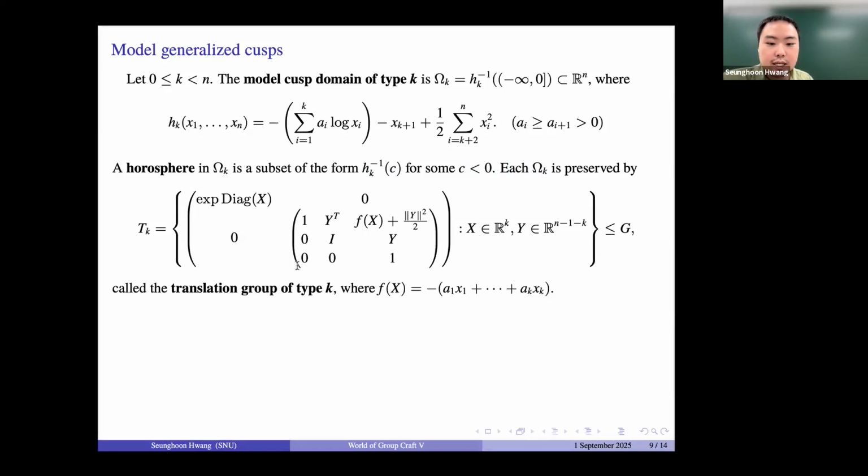Here, what you can notice is that the bigger the type k gets, the smaller the unipotent block gets, and we have more diagonal terms. The motivation behind this construction is that in the strictly convex case, the holonomy of a thin part should always consist of parabolic elements, which are always unipotent or conjugate to unipotent matrices.